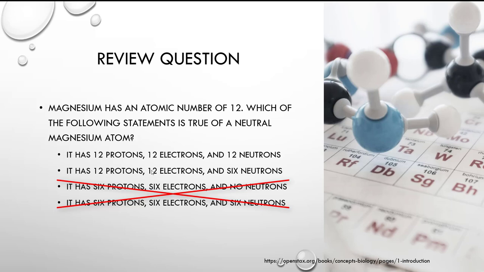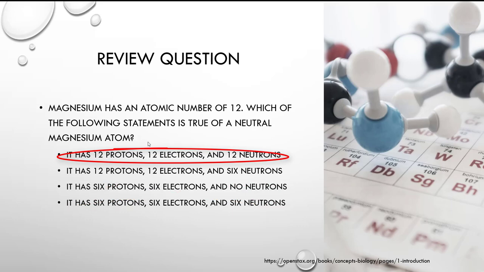Now both of these have that, but which one do you think would be most plausible? Would it have 6 neutrons, half as many as electrons and protons? Probably not. So this one up top is the correct answer. Having half as many neutrons, usually it has more neutrons, not less. Okay, for an element, definitely not half as many. So this top answer is the correct one.